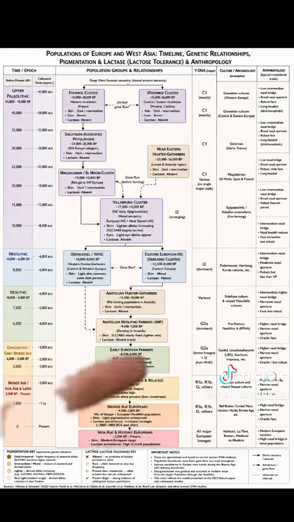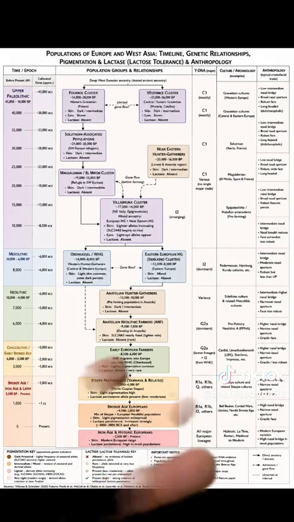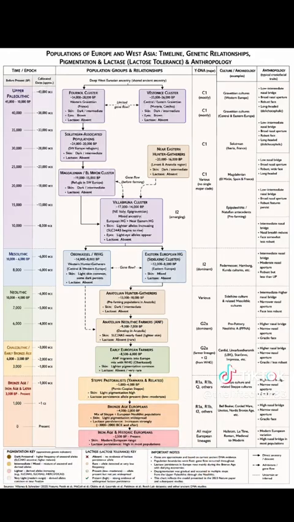And so one of the key features that I wanted to point out in morphology from the Upper Paleolithic age, and what's common amongst all specimens in that age, is that you'll see that they're always described as robust, and in particular, what's interesting as well is that the nasal structure is always wide.